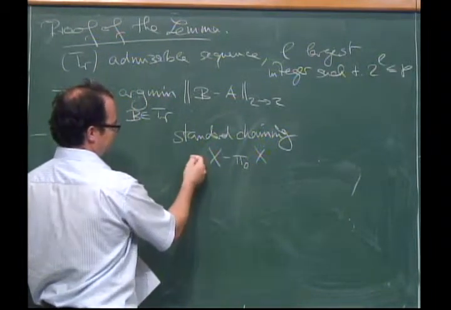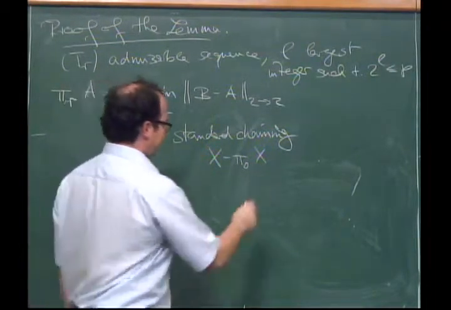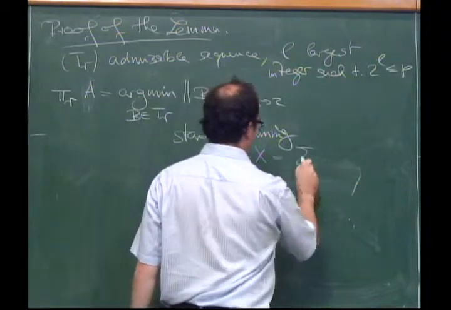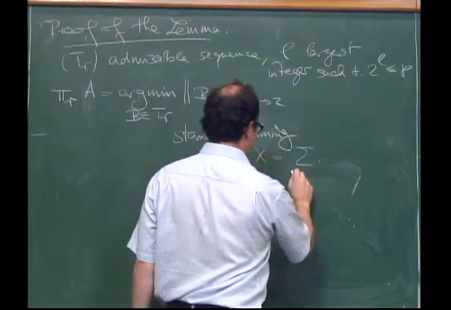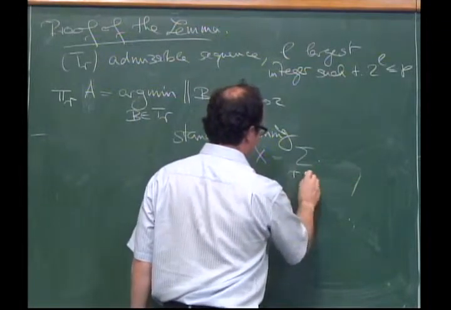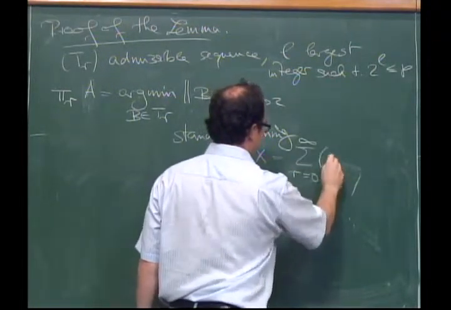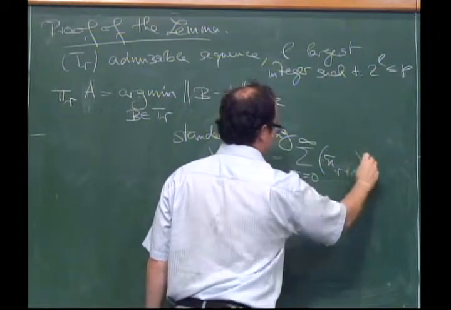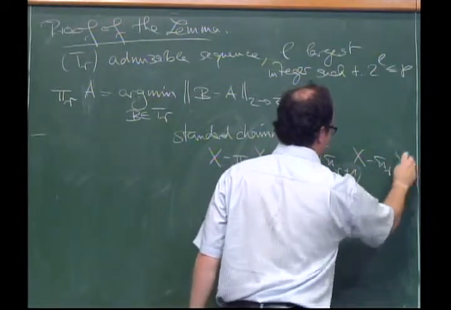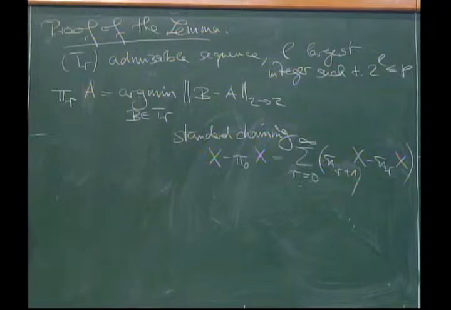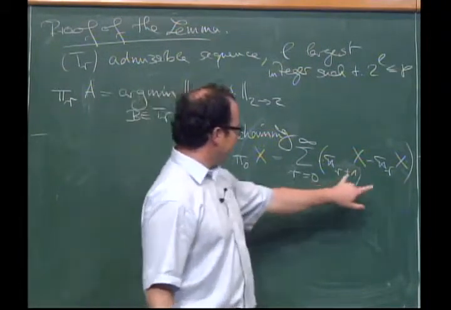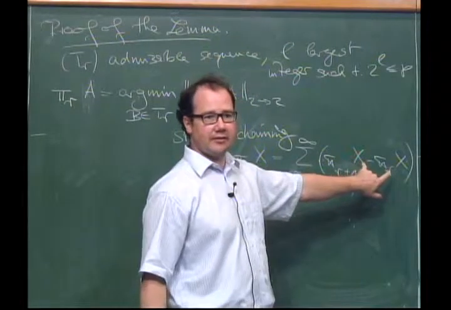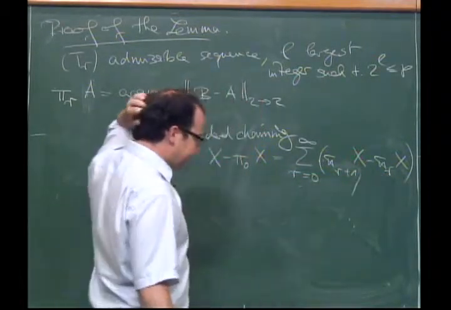And now we want to bound the supremum of this, and the idea is to do this telescoping sum, and instead of bounding this directly, bounding these differences.